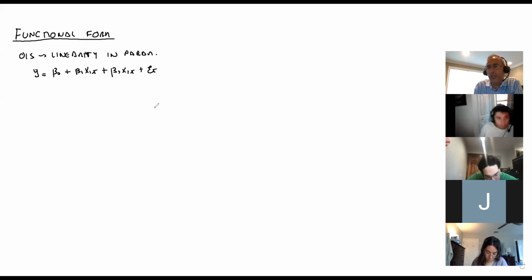So this is linear in parameters. Another example of linear in parameters can be the same x1t, but now squared. So this is also linear in parameters, right?